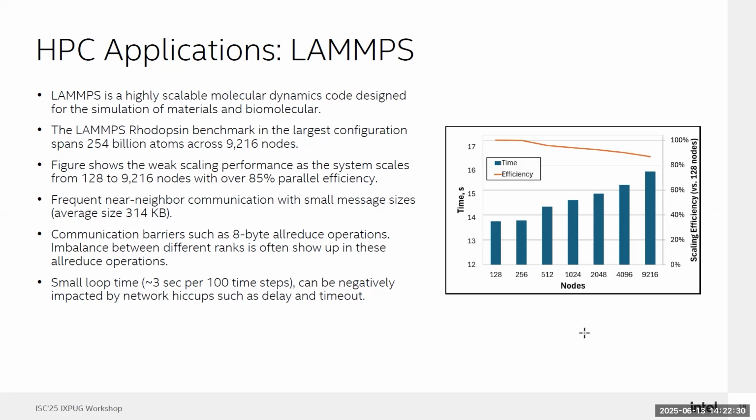At smaller node counts, it is less sensitive because the variation in the system is less. When you go to a high number of nodes, there could be timeouts in the fabric, there could be retries, there could be some hiccup in the network that can impact that 3-second performance.